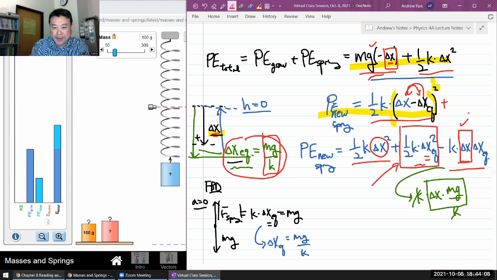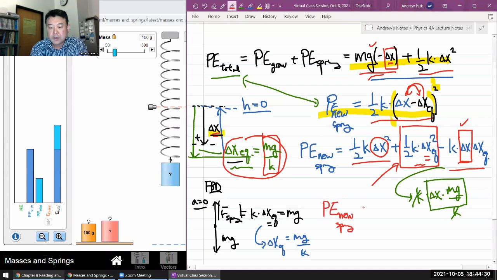The way I would formulate it, I want some way to relate this original total potential energy to this new spring potential energy. And the way I would say this, my new spring potential energy can be expressed in terms of the old total potential energy, plus some offset.